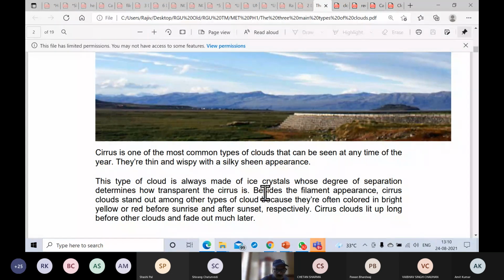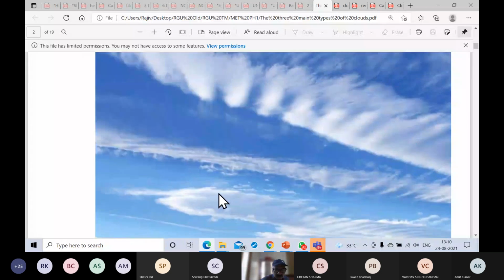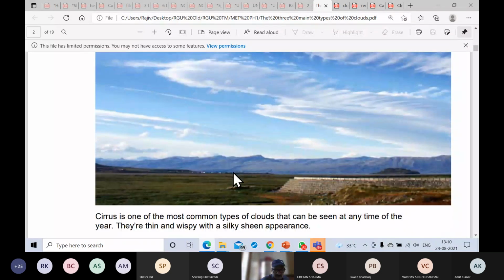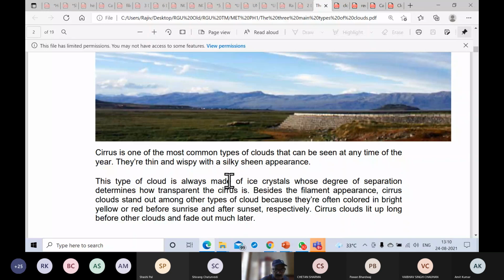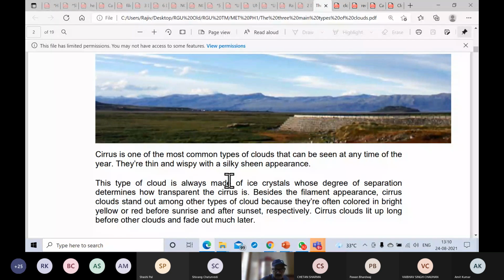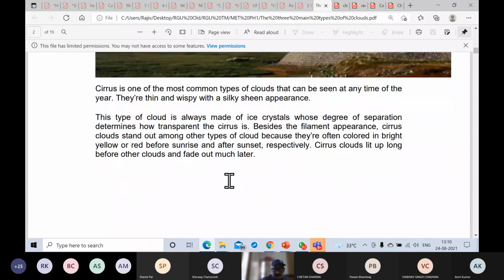So this is cirrus type of cloud, and as you can see, filament and wispy appearance. And it will have a silky sheen appearance also. From the photograph you can see.